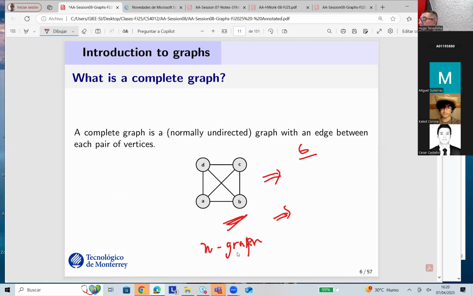N times what? I have n times n minus 1, right? 1, 2, 3. So this is n times n minus 1, divided by 2, because of what?